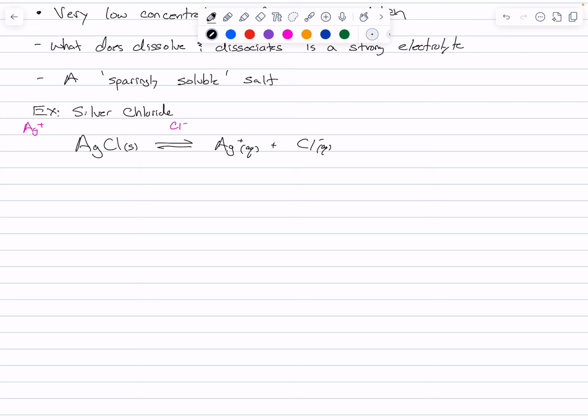What's important is that this is solid and this is in solution, which means we have different phases here. That's why it's heterogeneous.